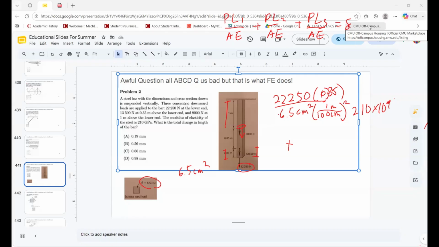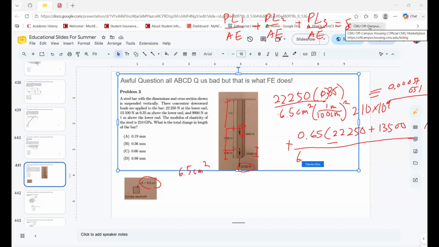So this one is equivalent to 0.00057051. Just note that. For the next one, you apply 0.65 multiplied by (2250 plus 13500), divided by 6.5 multiplied by (1 over 100) squared, times 210 times 10 to the 9.